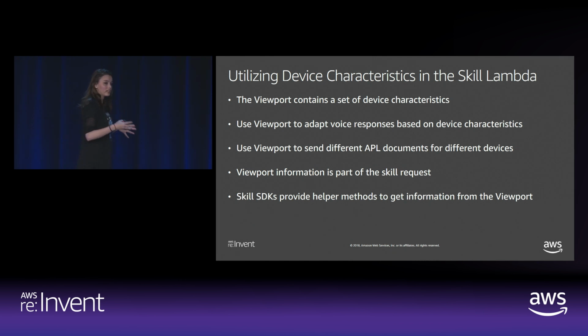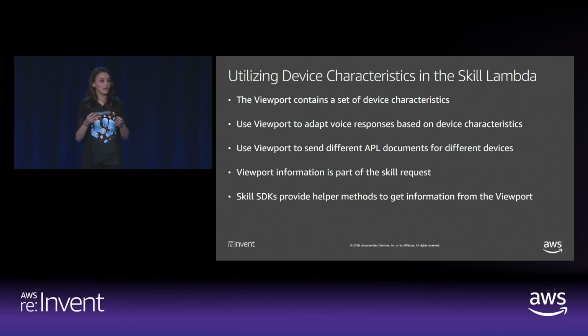So you get viewport information, essentially information about the device in your skill code. This is accessible in the request, and it contains a varying set of characteristics that you can utilize to your advantage. We have width and height, DPI, dots per inch, the shape of the viewport, the shape of the device, and then finally, if it's horizontal, landscape, vertical, or if it is round.